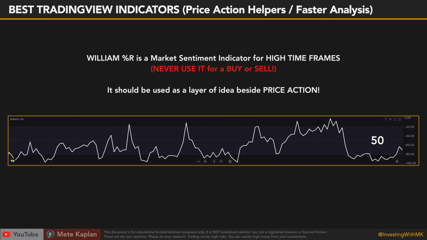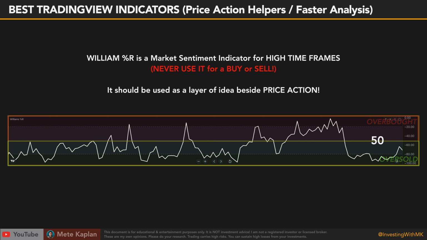So, how to use it for our swing trading purpose? First of all, let's understand the indicator. So the part above the 50 is our premium area where the price is becoming slowly overbought. And the part below is our discount area where the price is becoming slowly oversold.